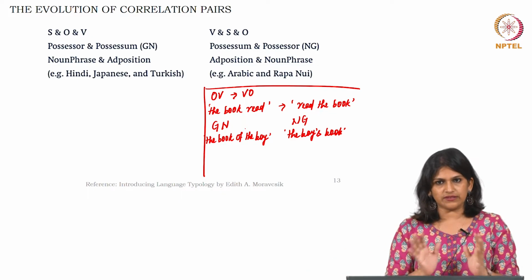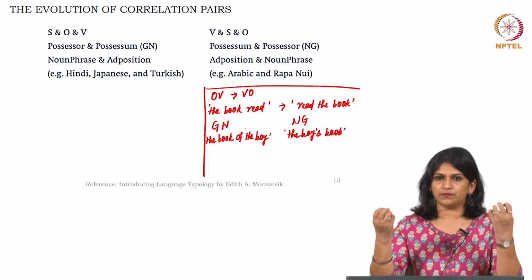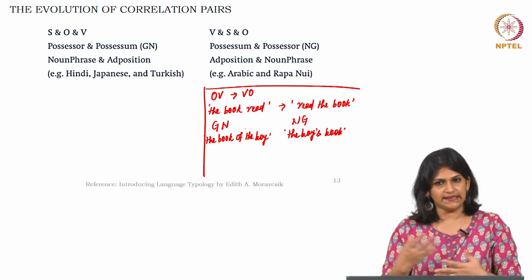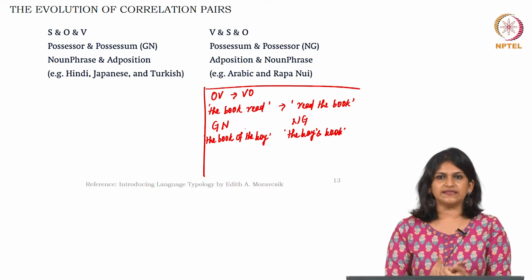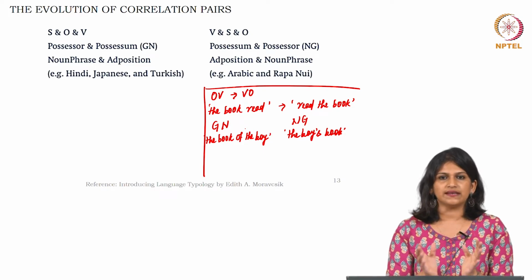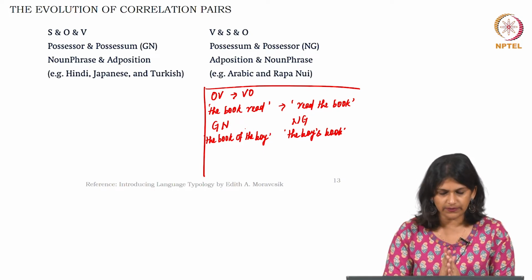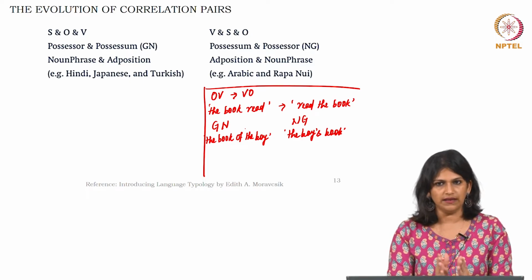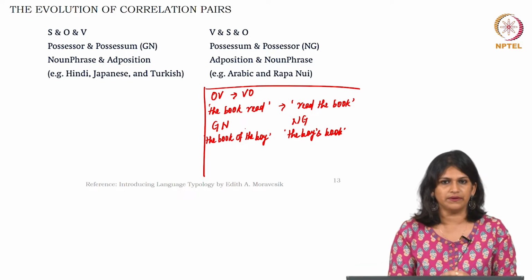So, this kind of change, OV to VO, is primarily syntactic change, because the position of the subject, the object and the verb is getting changed. So, this kind of syntactic change, do you think there is a cross linguistic tendency? That is what we are going to see from here onwards for a couple of minutes.